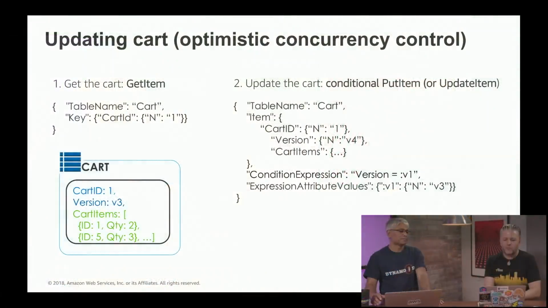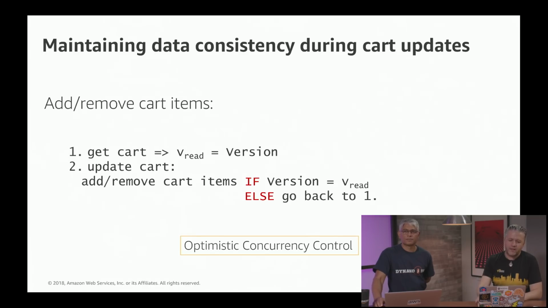Cool. And in case of DynamoDB, just to show some of the JSON requests, what they look like. We're getting the cart. We record the version, and then on updates we can do a conditional put or update item, in fact. And to go back here, this is the process, right?